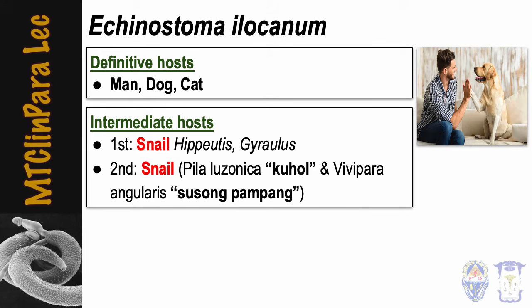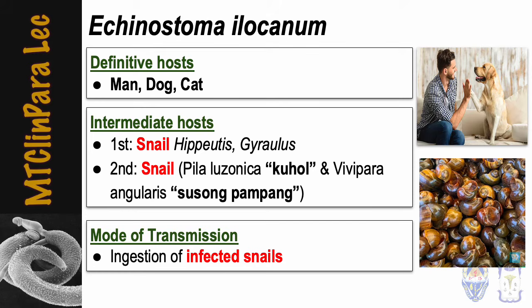The first is under the genus Hippeutis, and the second intermediate host is a snail under the genus kuhol or Pila luzonica, and Vivipara angularis or susong pampang. The mode of transmission is through ingestion of infected snails.